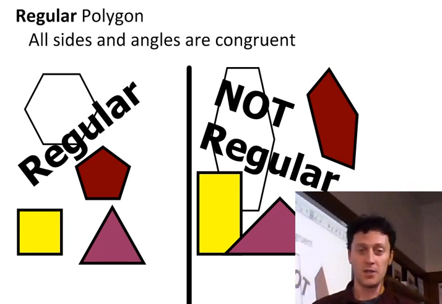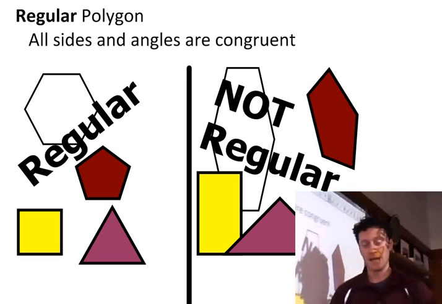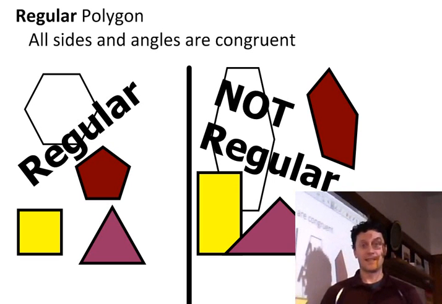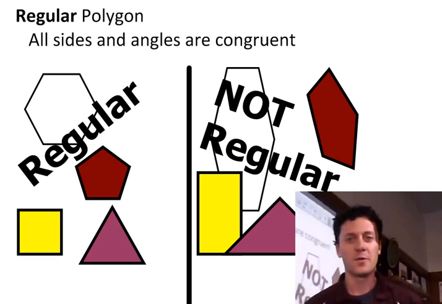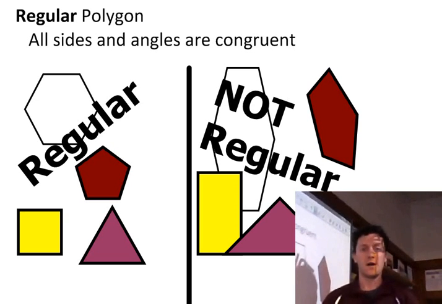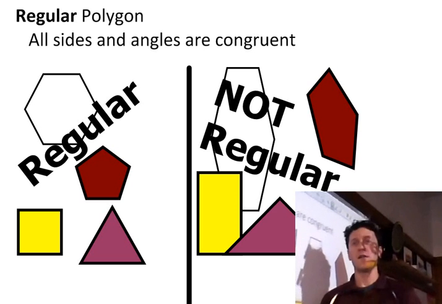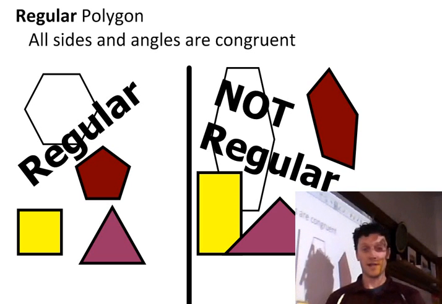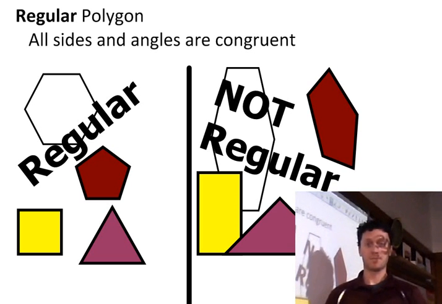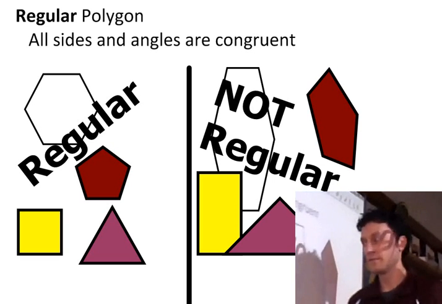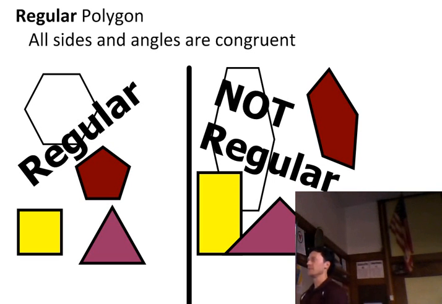If I say a regular hexagon, a regular pentagon, a regular triskaidekagon, or a nonagon, or whatever it is, I'm talking about a regular one. I'm talking about one that has all congruent sides and congruent angles. If it's not regular, the angles are not all the same.